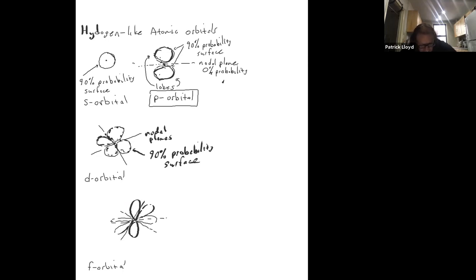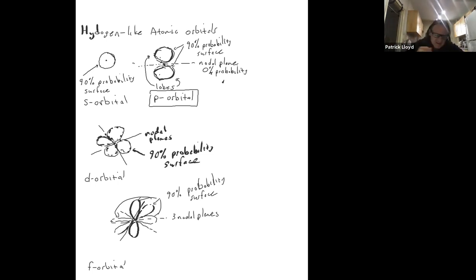Okay, so you got 3 nodal planes. 0 probability, right? And then this whole thing, all 6 of these lobes, this is your 90% probability surface, right? 90% probability from the nucleus up to that surface. 10% beyond, but we ignore the 10%.